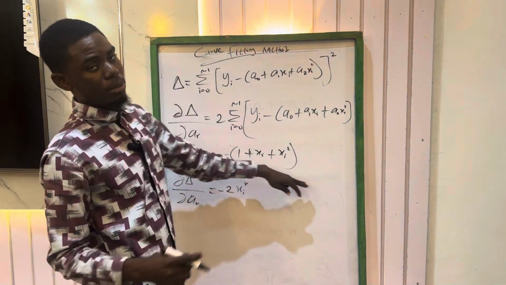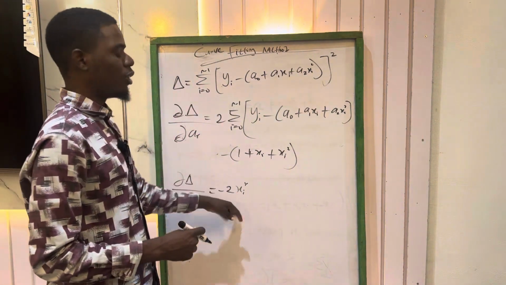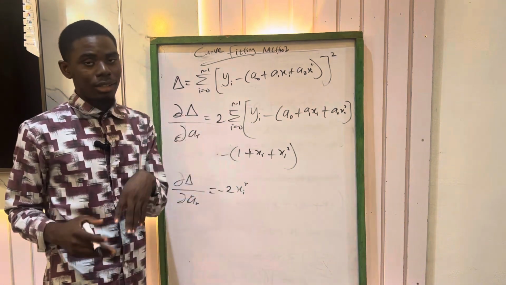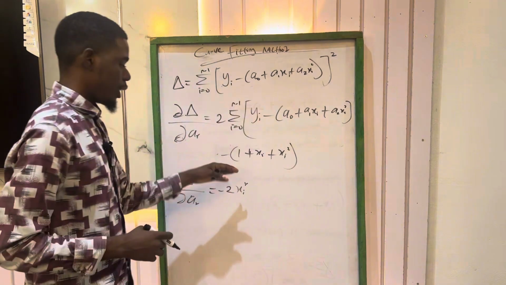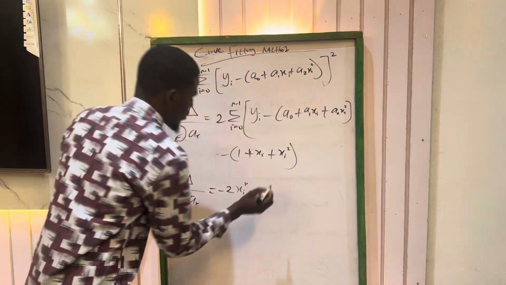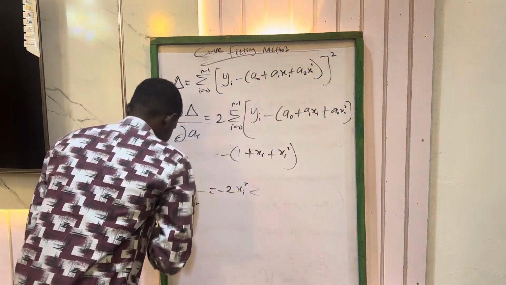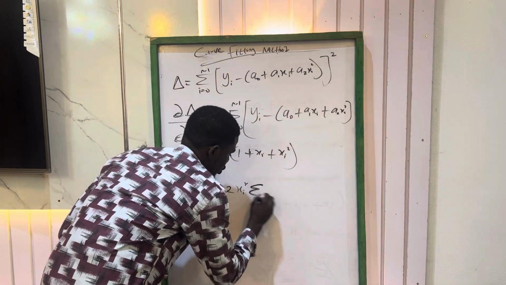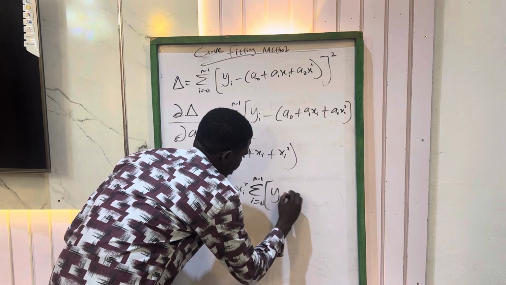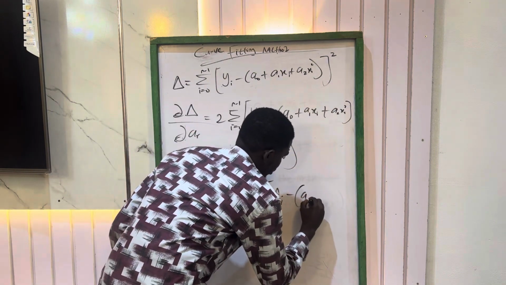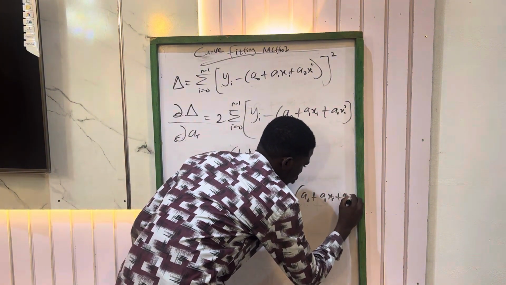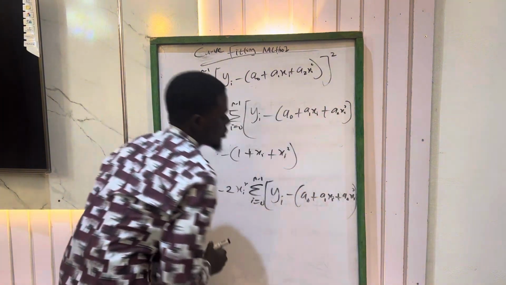So this is just a kind of way of noting it. We are just trying to compress this expression into x subscript i to the power of r. So our minus has already gone to the 2. Then we have the summation from i equals 0 to n minus 1, and we're still going to be left with our yi minus, in brackets, a naught plus a1 xi plus a2 xi squared, all squared.